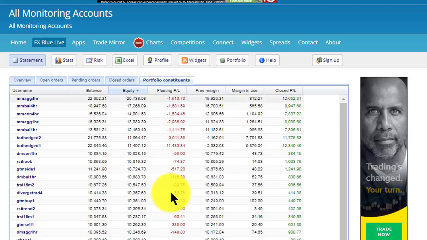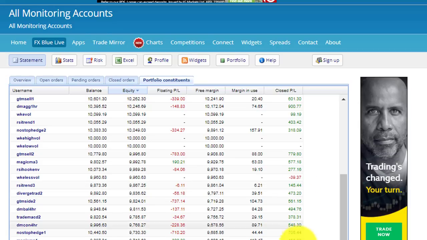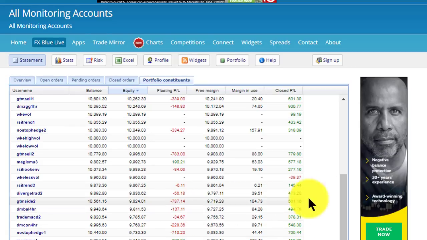So just to repeat, if you look at the portfolio of our 56 accounts, you will see that some of them are negative, but there are positive elements within those accounts, and those positive elements is what we want to look at. We're not interested in the negative ones because that's not teaching us anything.